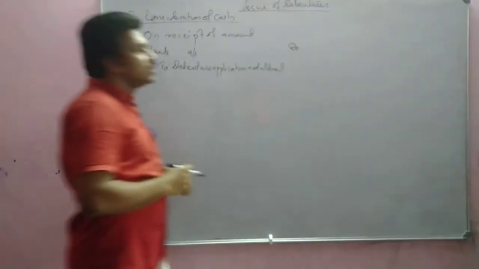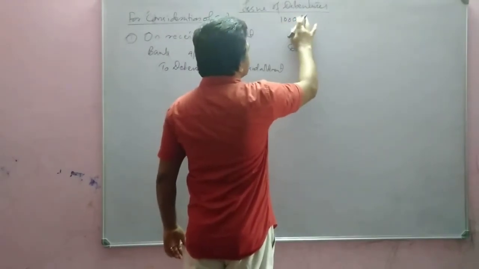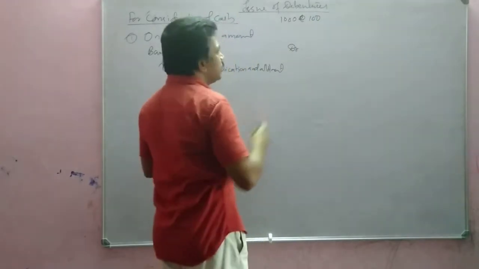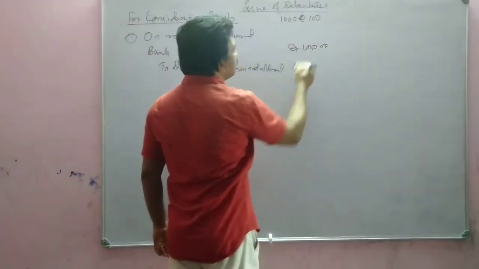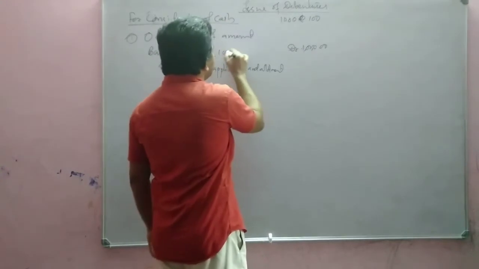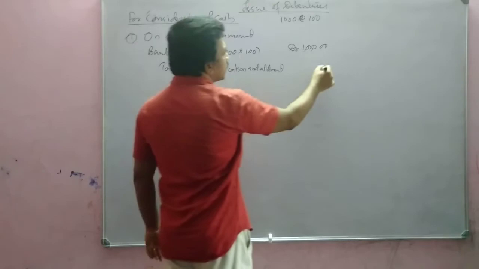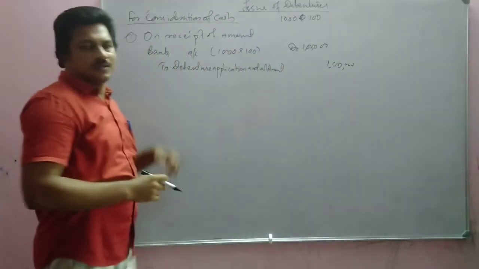If we issue 1000 debentures at the rate of 100, what will the journal entry amount be? 1 lakh, that means 1000 into 100. 1 lakh will be the amount. Is it clear?